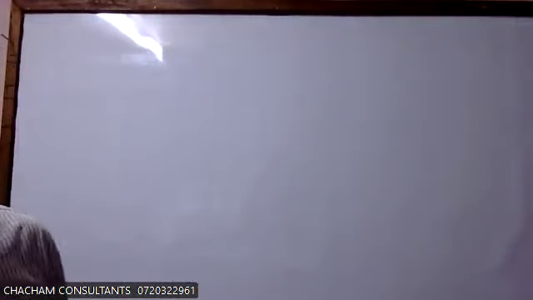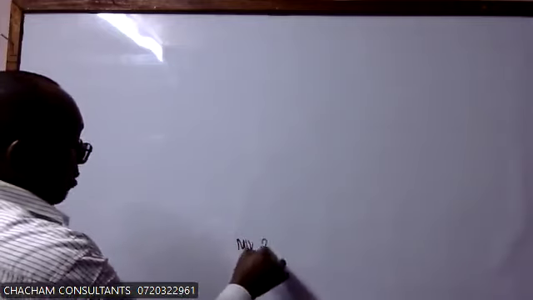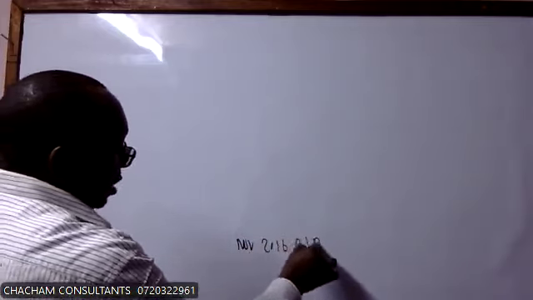So the first thing I told you when you are dealing with simulation, we are looking at the question of November 2016, question 1B. Now, the first thing is always to come up with the Monte Carlo for the random variables.